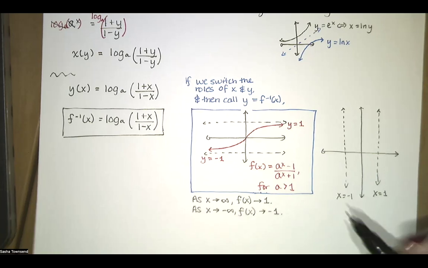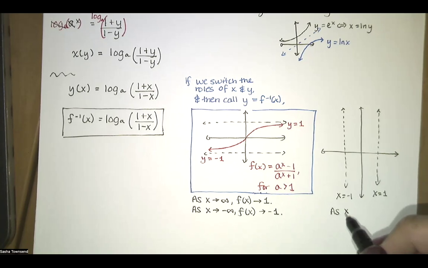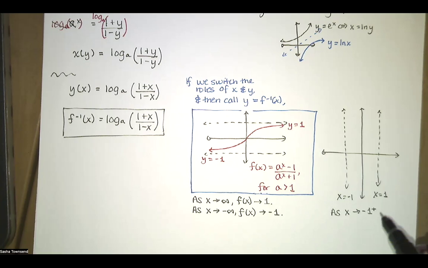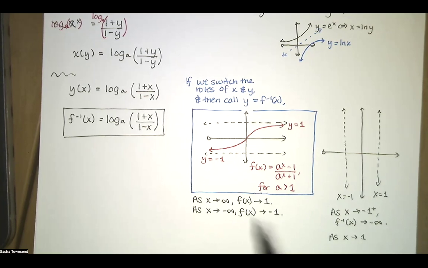Now, if we switch the roles of x and y, as x approaches -1, and we're going to approach from the right, then f inverse of x has to approach negative infinity. And as x approaches +1, because we're switching the roles of x and y, this time we're going to approach from the left, then the f inverse values have to approach positive infinity.